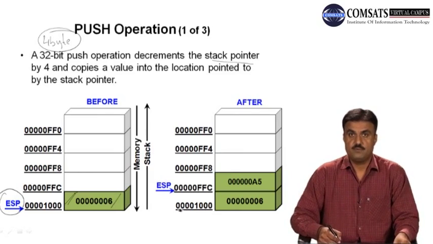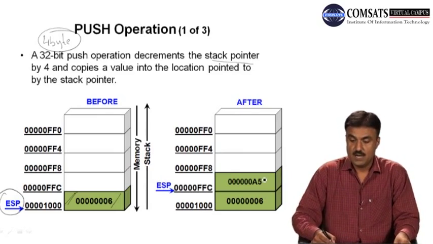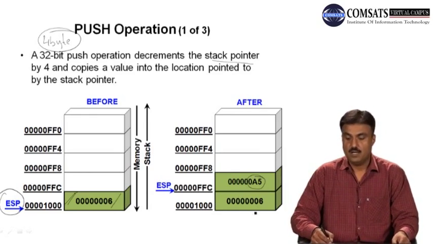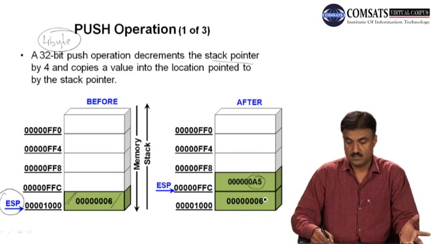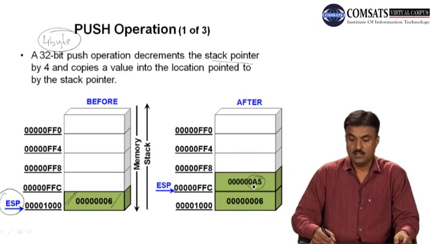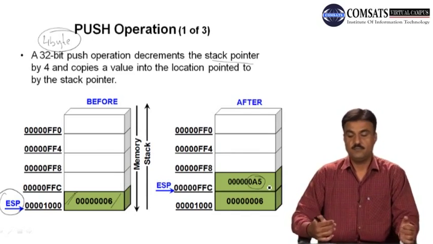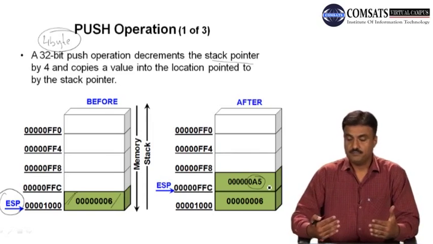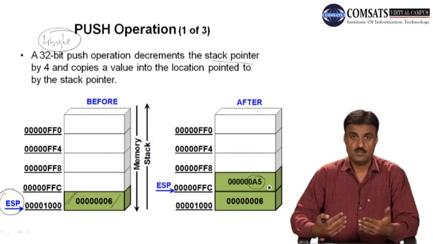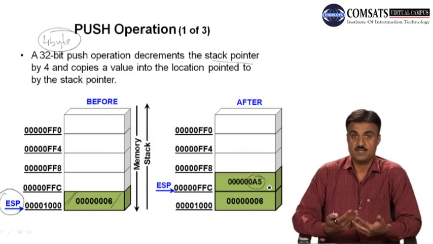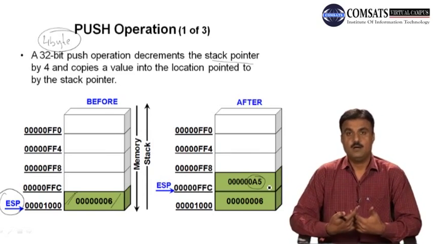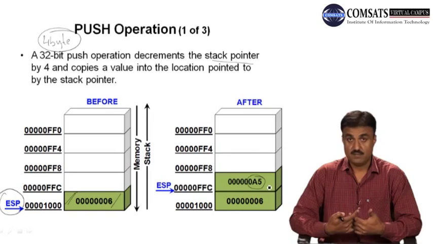Now we are going to add another value, for example A5, with all zeros before it, all these 8 hexadecimal digits, and we want to add it inside the stack. Before adding this one, the stack pointer will be decremented automatically, based on the size of the value that we are going to push.